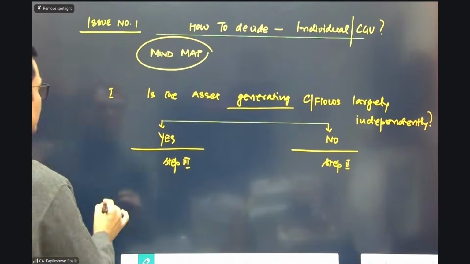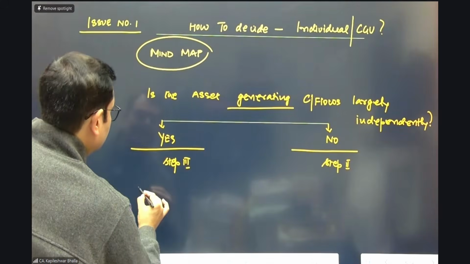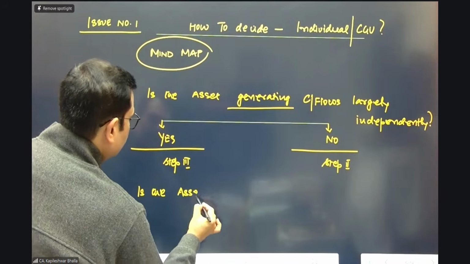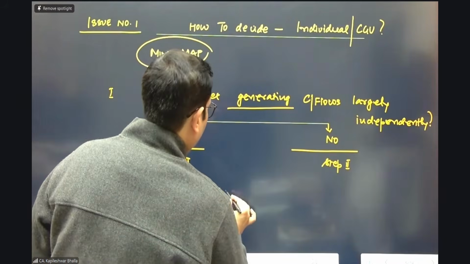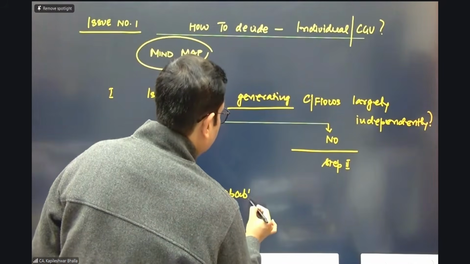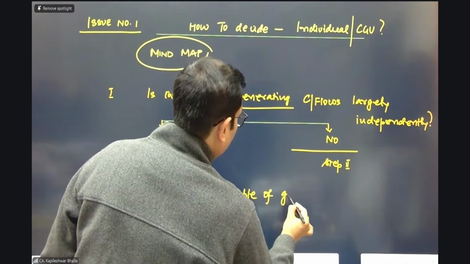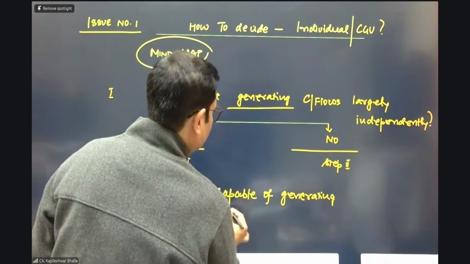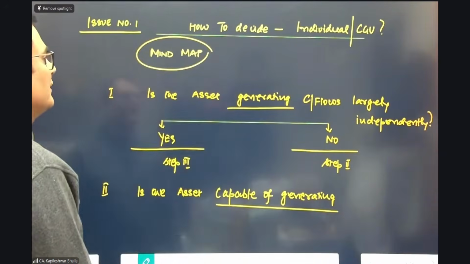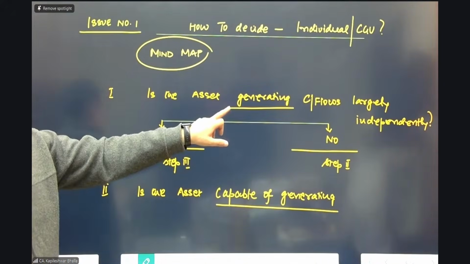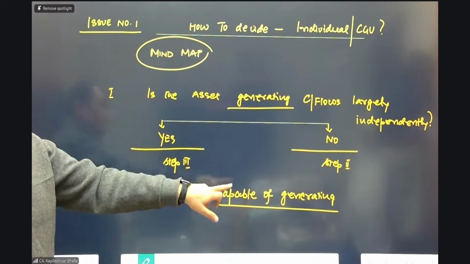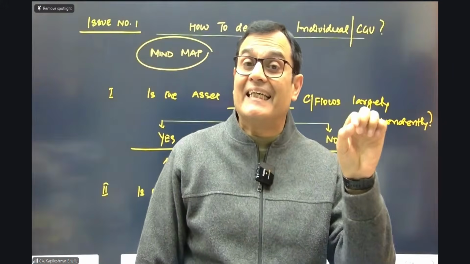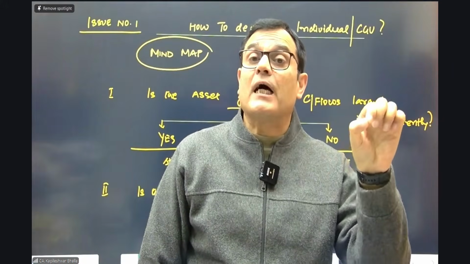And then we come to the step number 2 and we say, is the asset capable of generating? You can see the words carefully in terms of the step number 1 and 2. Look at the difference in terms of 1 and 2. Here we are saying, is it generating? And here we are saying it is capable of generating. Generate kar raha hai, generate kar sakta hai.